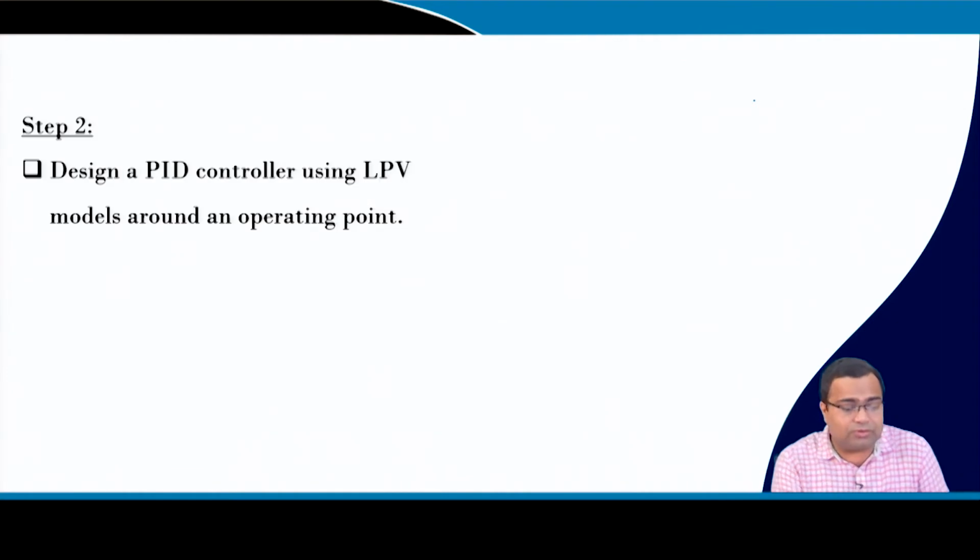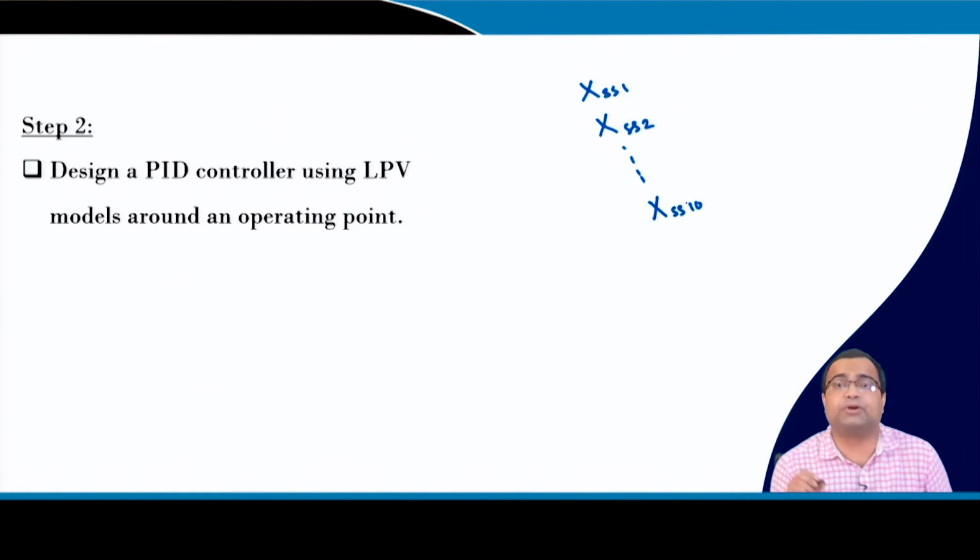So, step 2, as I said, we need to design the PID controller for various operating points. That means we can say the operating point may be x1, then operating point x2, and so on. Maybe we can have, let us say, 10 such operating points, and for each operating point I have assigned some PID controller gains.